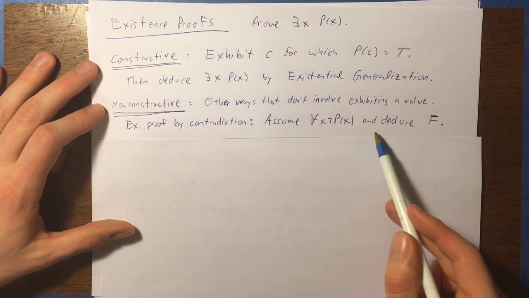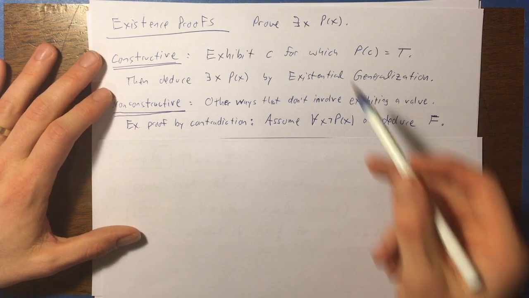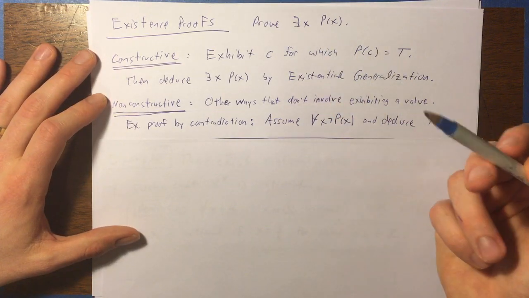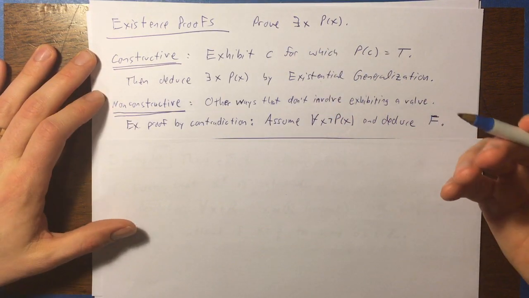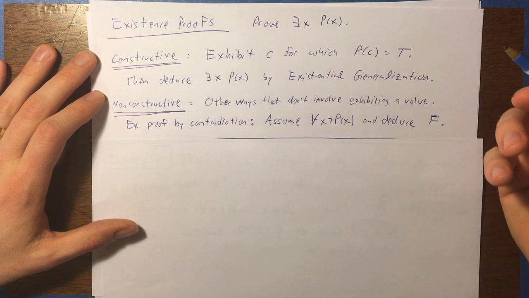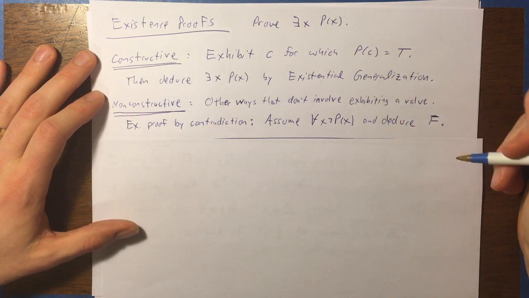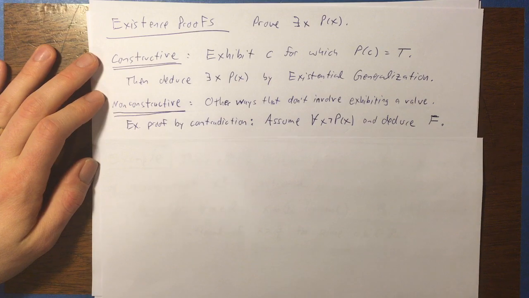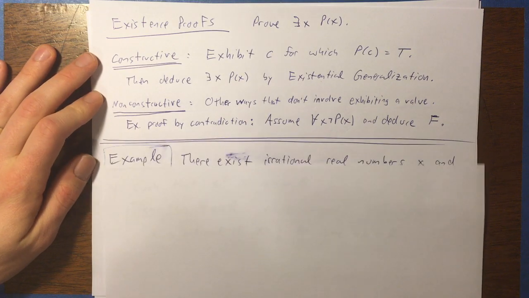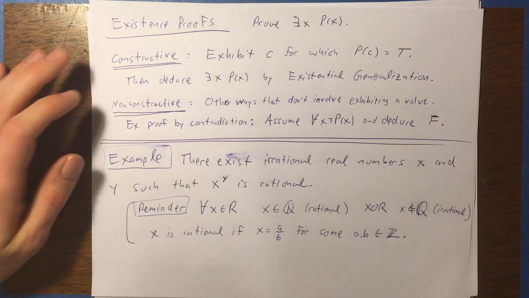If you assume that and then deduce a contradiction, that would prove the statement. But you would have done it without ever identifying an element for which P(c) is true. That's non-constructive.